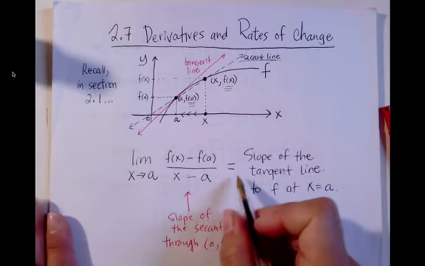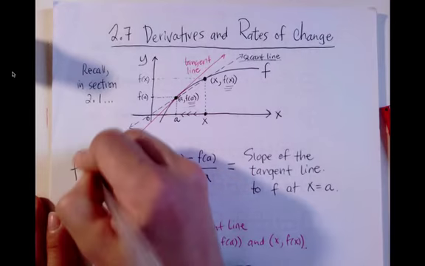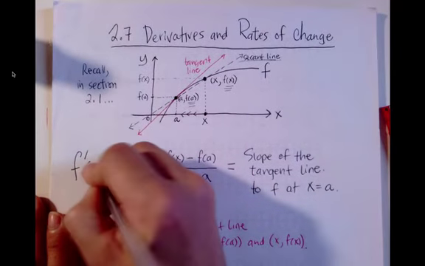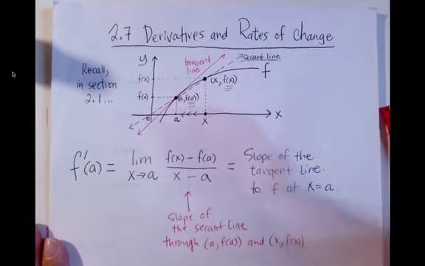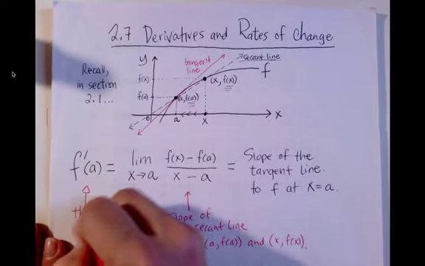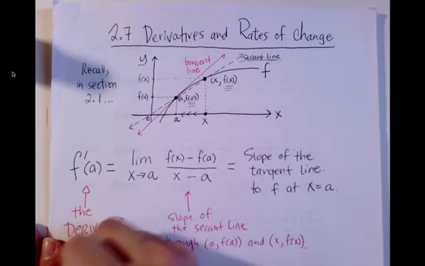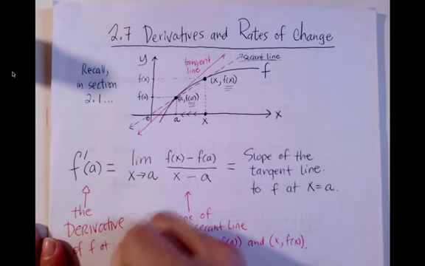We have a special notation for this. It's f prime of a, and this is what we call the derivative of f at a.